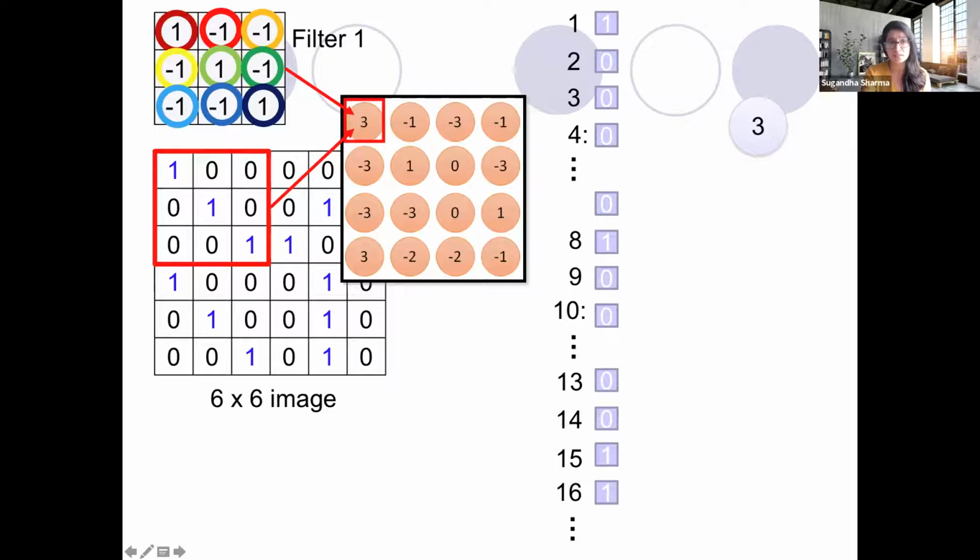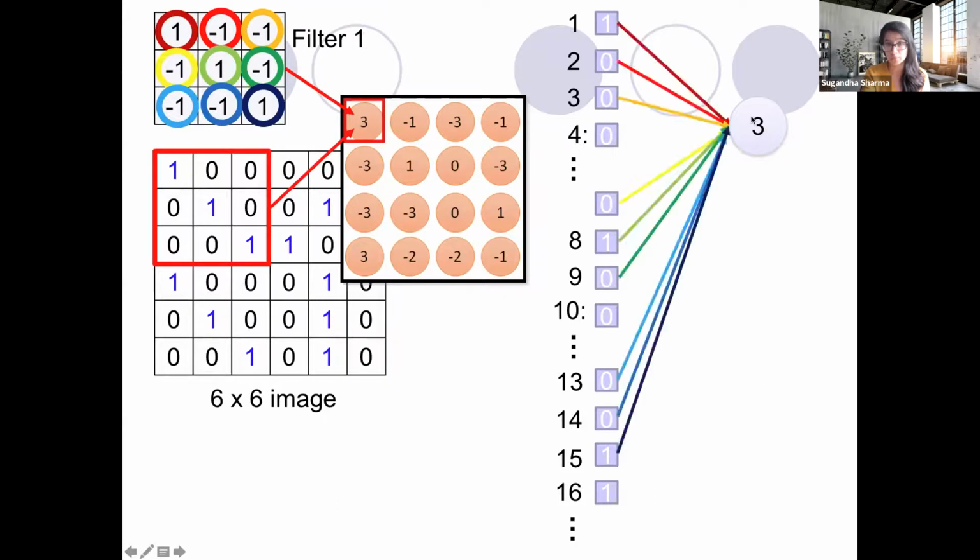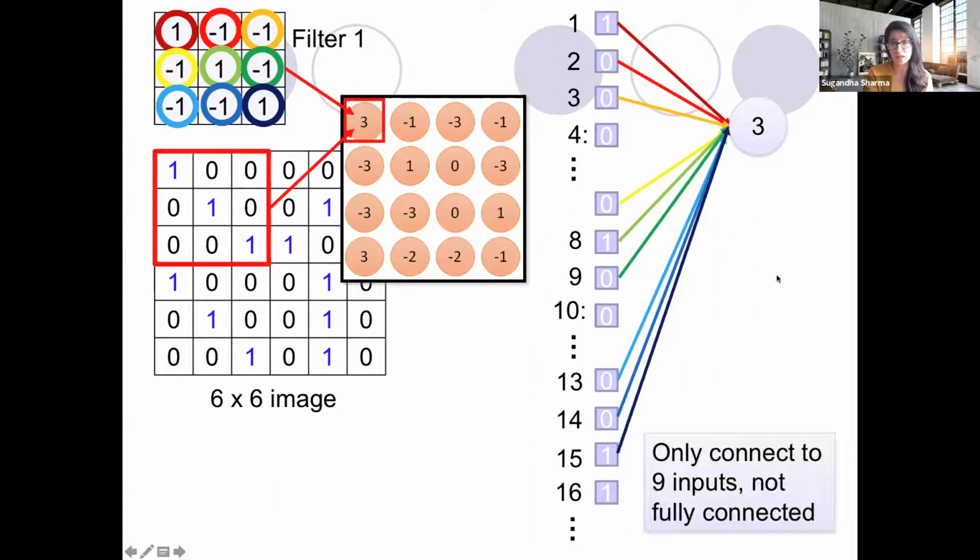These colors show how the weights from the input layer are connected to the output layer. One thing to note is that you only connect to 9 inputs, right? This output is only connecting to 9 inputs instead of all the inputs. You see that there are some inputs which do not have connections to this output node.